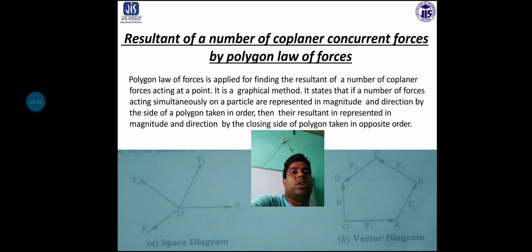And obviously if you plot a polygon, one closing side is required. If you join O to D, that is OD, its direction will be opposite to the continuation of the polygon. So that is the closing side of the vector diagram.